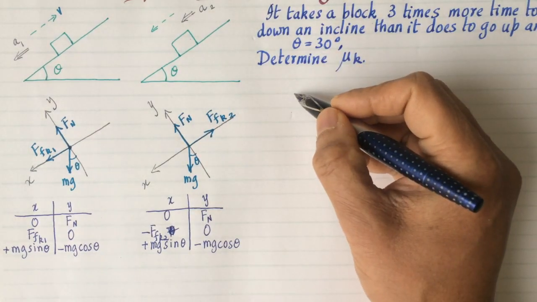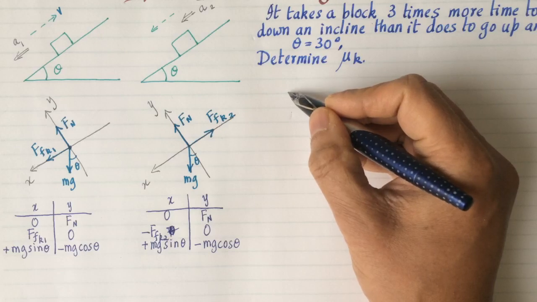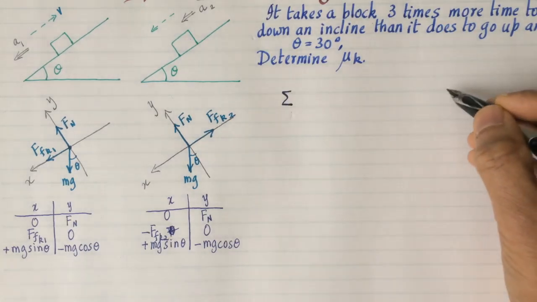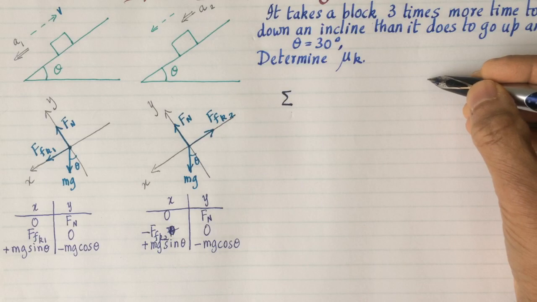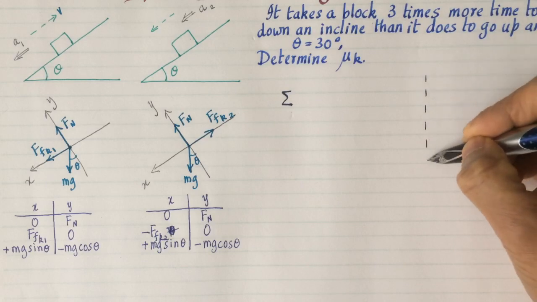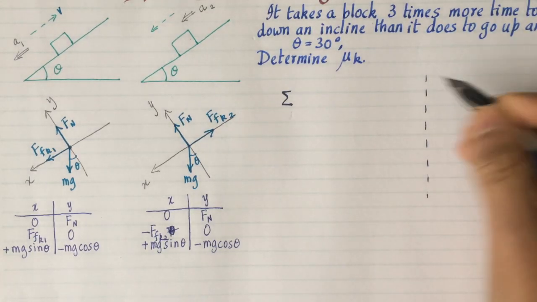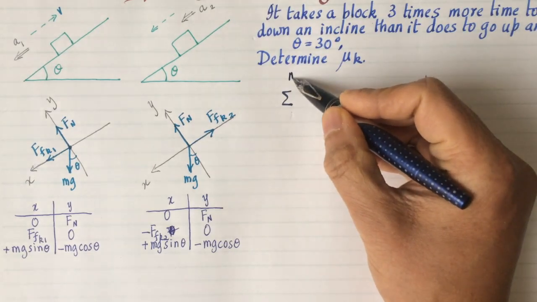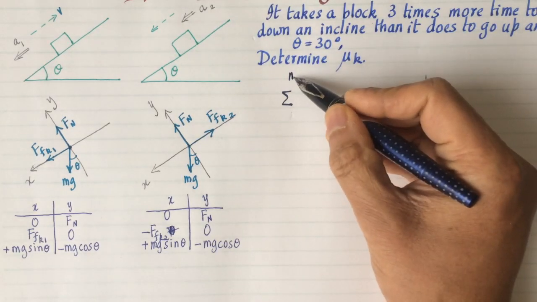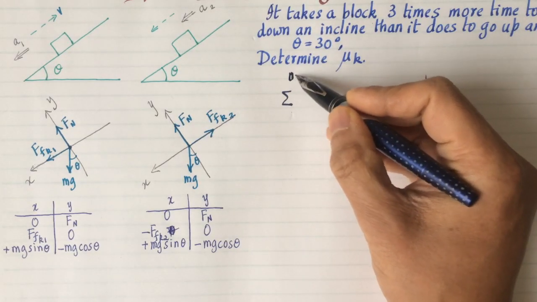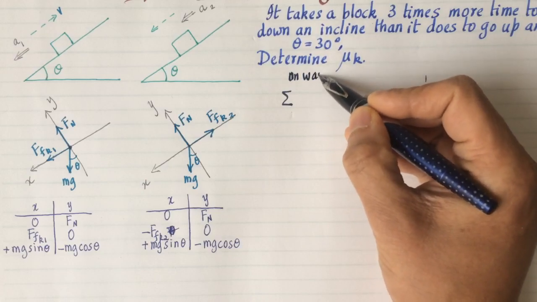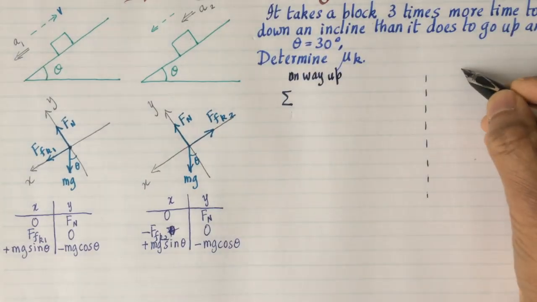Again, I'll do them for each block separately, but side by side. So let me just divide the page here. So that's block M1, the block on the way up. And that's the block on the way down.